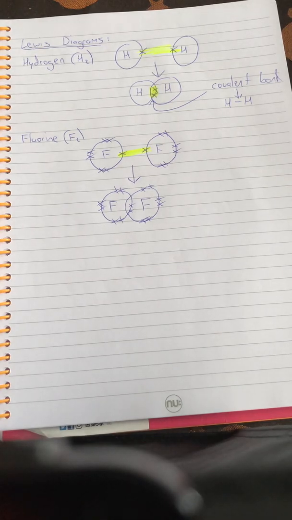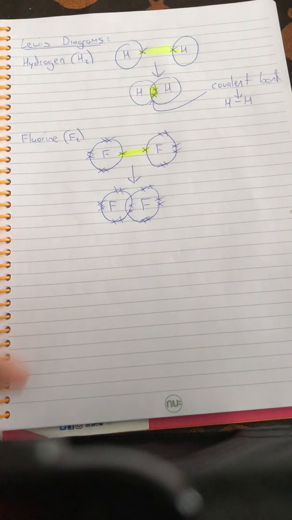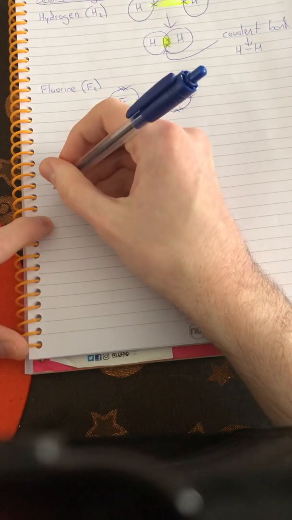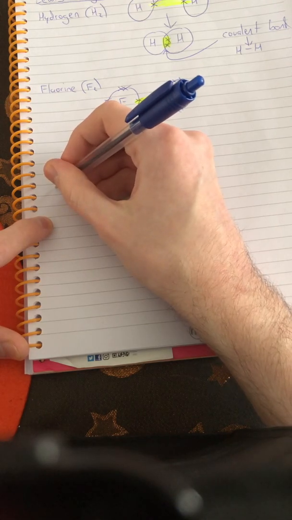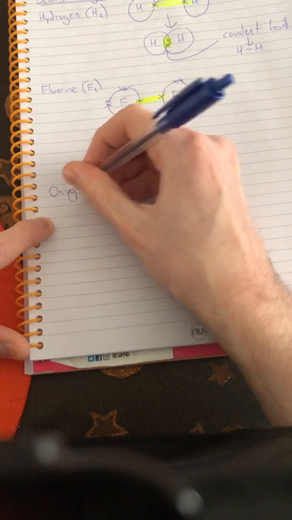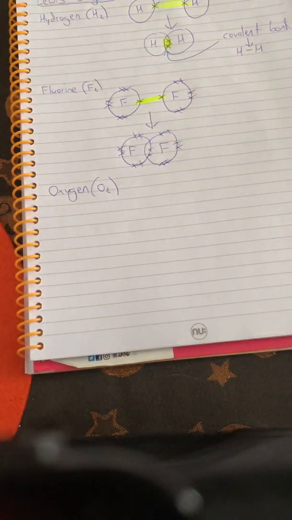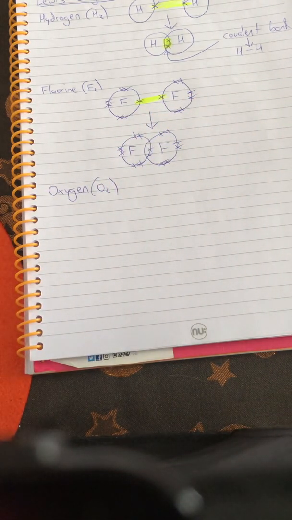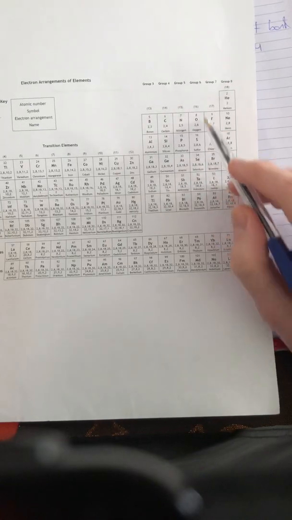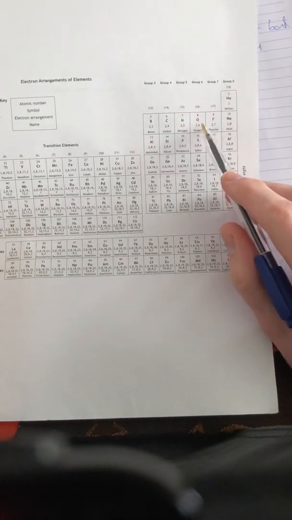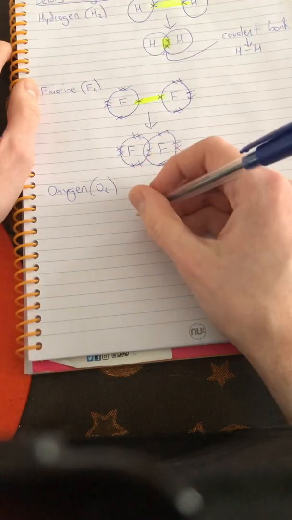Now what we're going to do is oxygen. This is a very, very tricky one. If we look at oxygen, oxygen's in group 6. It's got 6 outer electrons. You'll see why this is difficult in a second.